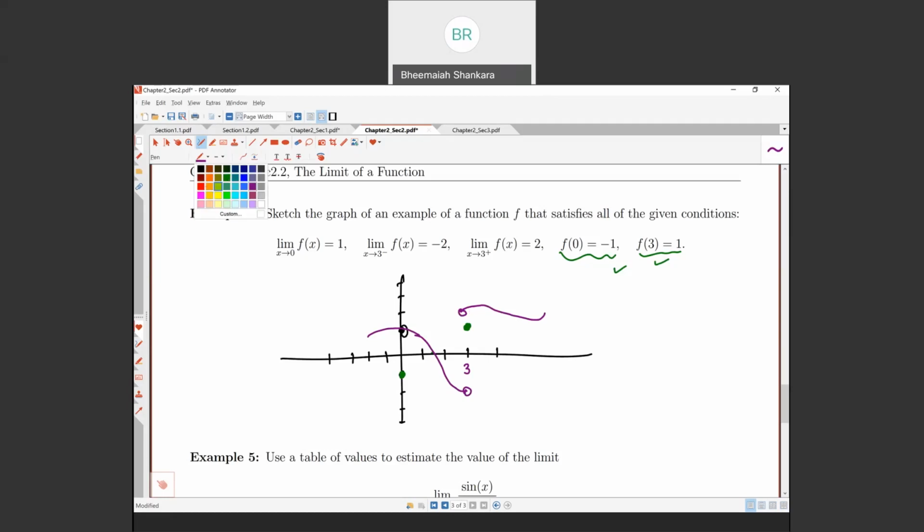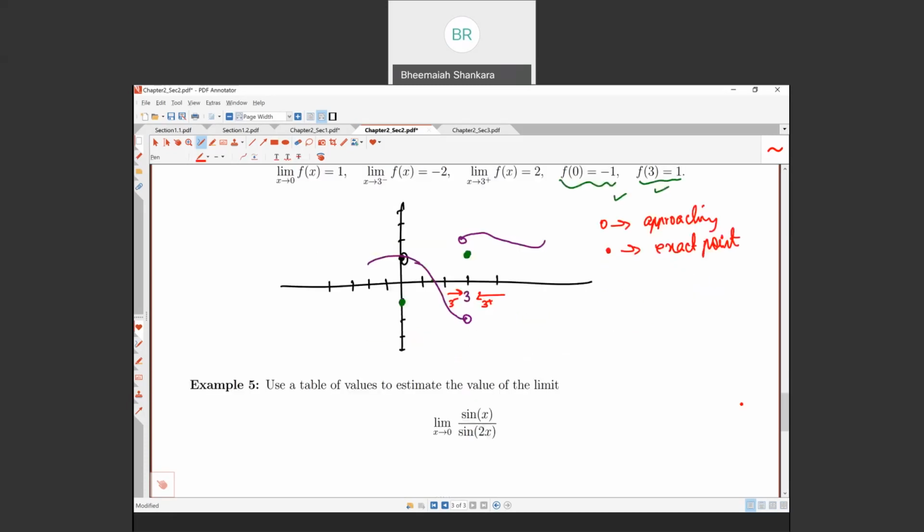So read the graph carefully, which matches the definition as well as the values. So when we say an open circle, you have to understand this is the point which the limit value is approaching. And when we see a closed circle, this is an exact point on the graph.